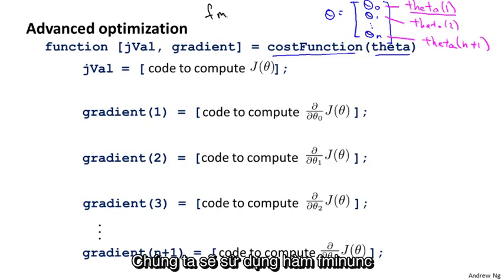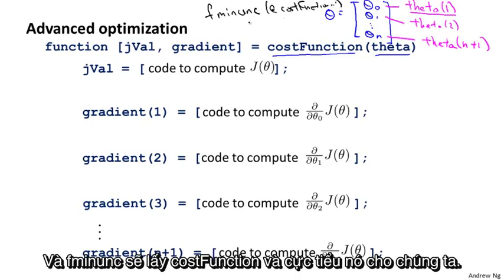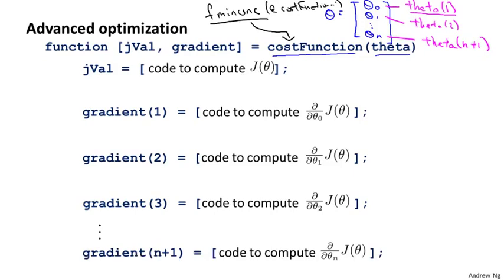We would use fminunc, and then at cost function and so on, right? fminunc was the function minimizer for unconstrained problems, and it would take the cost function and minimize it for us.